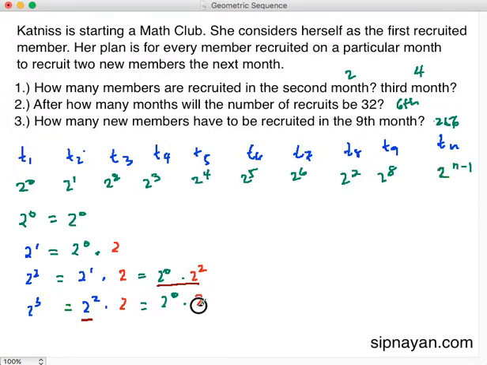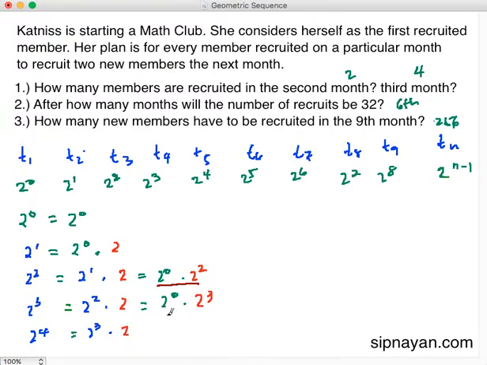Siguro nakikita nyo na yung pattern. Yung 2 to the first power, 2 to the second power, 2 to the third power. Tumataas yung exponent ng isa. Next, we have 2 to the fourth, which is equal to 2 cubed times 2, times the constant ratio 2.